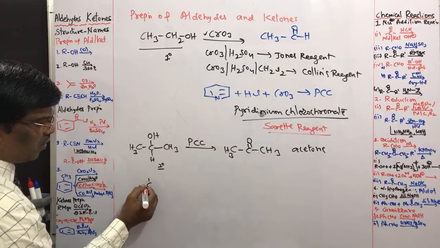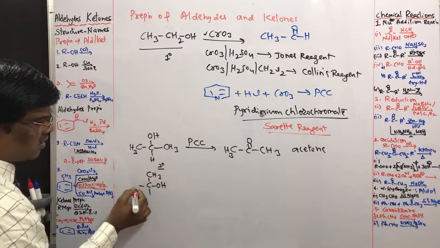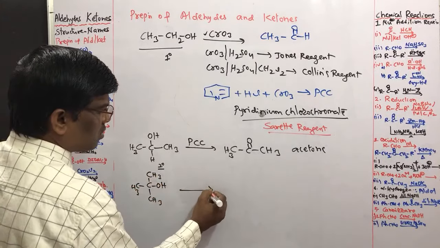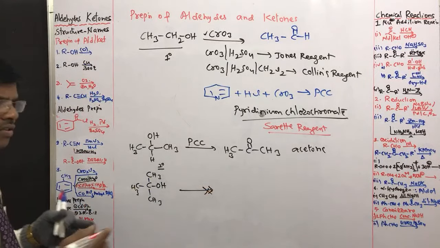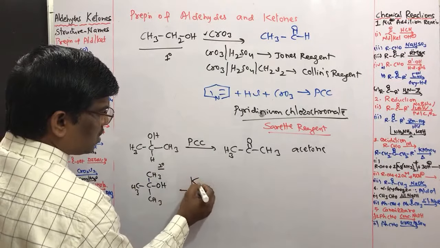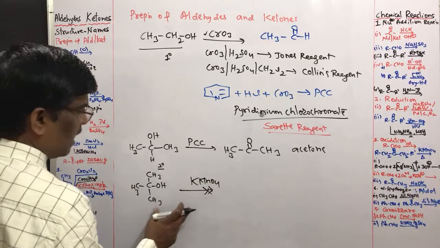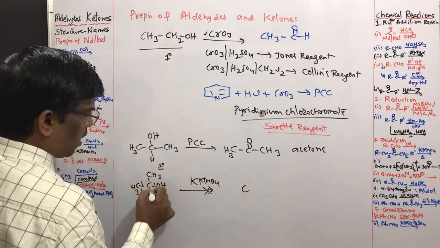If you use tertiary alcohols, these compounds do not undergo simple oxidation to aldehydes or ketones. If you use strong oxidizing agents like KMnO4, they give carboxylic acids with a different number of carbons.